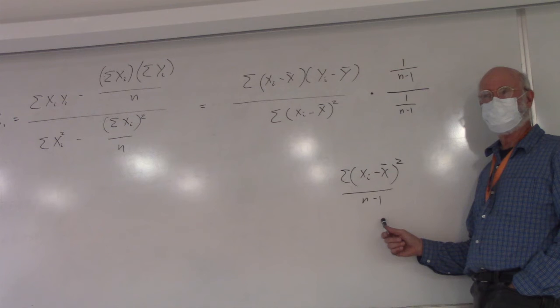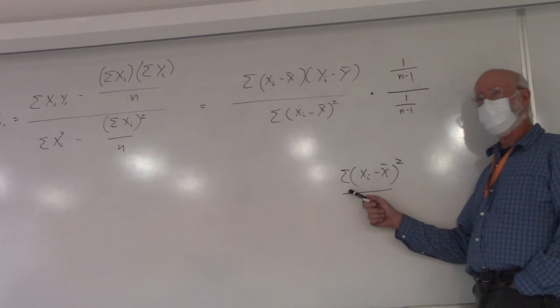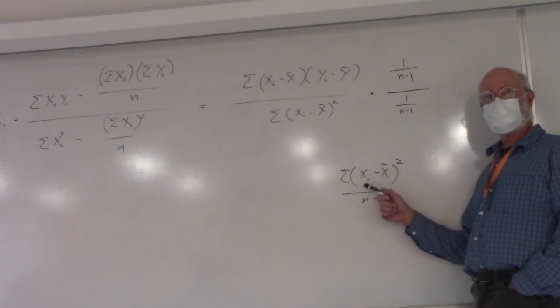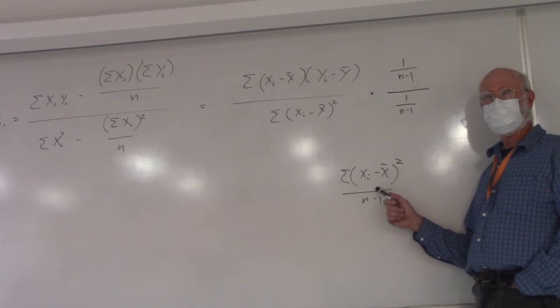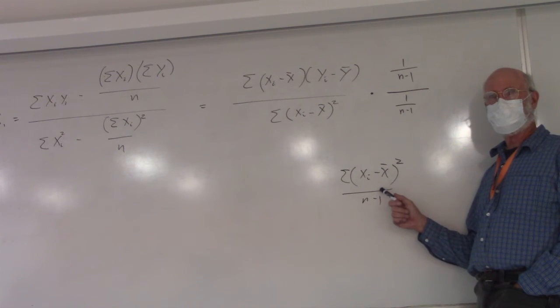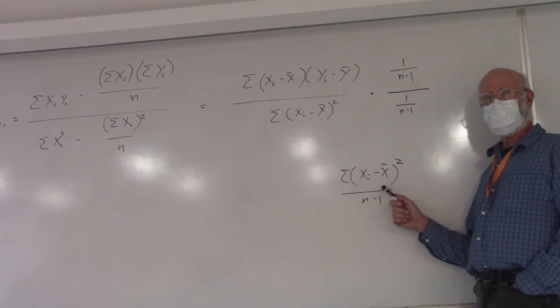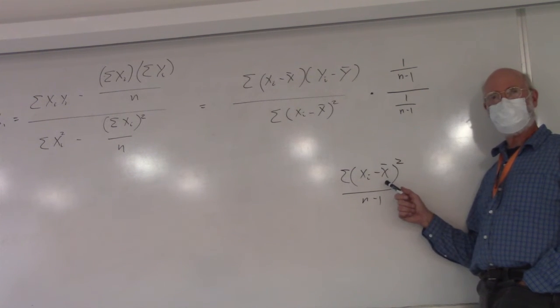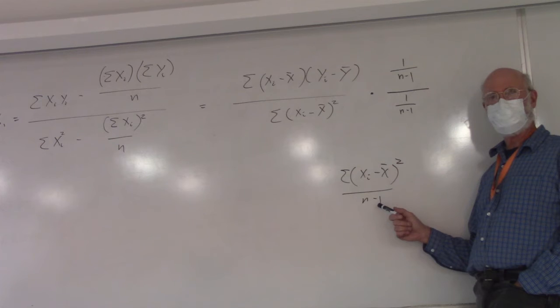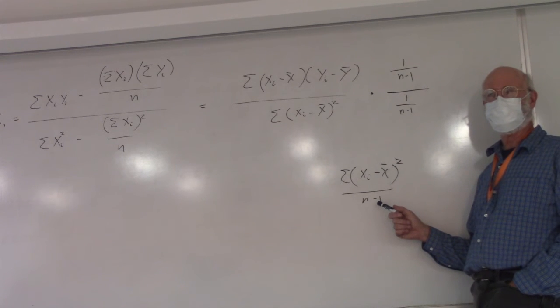What is that? That's a sum of squares. A sum of square deviations, the sum of squares standardized by something, which would make it kind of like a mean square sort of thing.